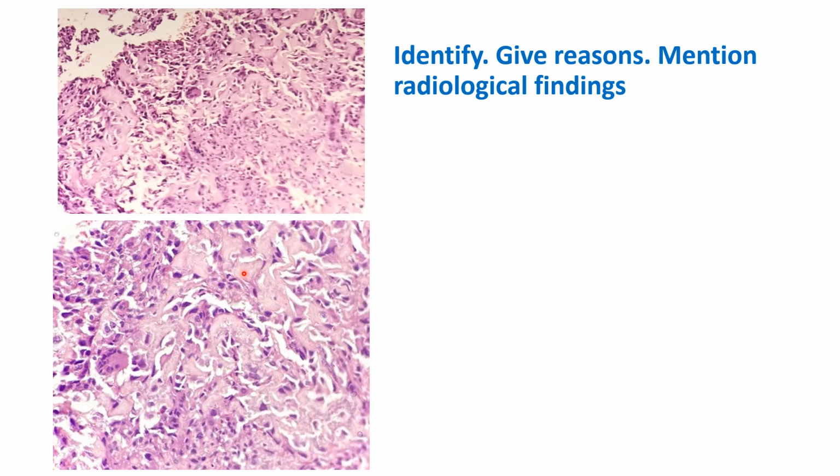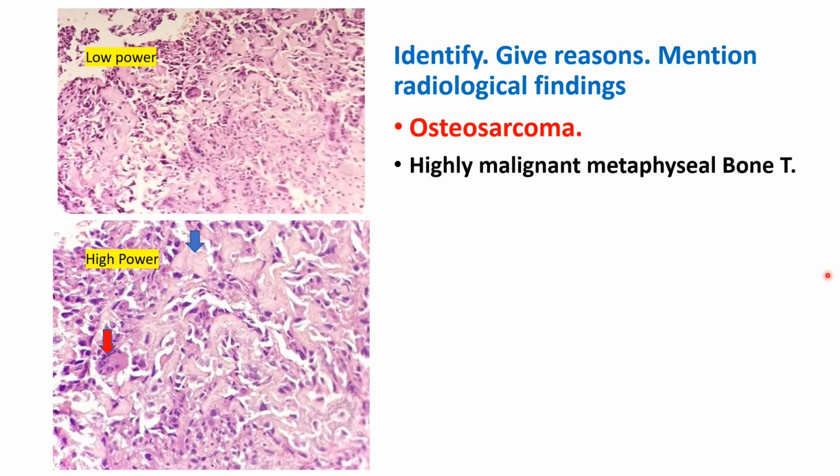So osteoid is a homogeneous eosinophilic non-mineralized bone substance secreted or produced by the tumor cells of osteosarcoma, which is a highly malignant metaphyseal bone tumor. So this is an important slide.